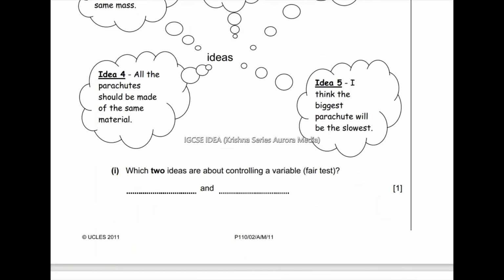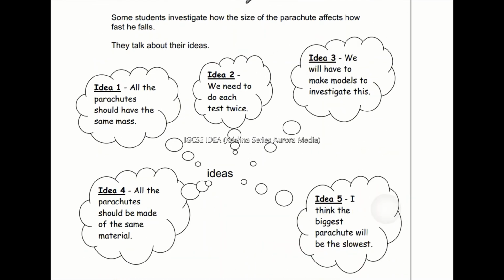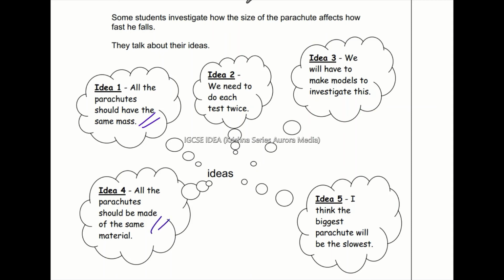Which two ideas are about controlling a variable, a fair test? Okay. Well, it's idea 1 and idea 4, as all the parachutes should have the same mass, yes. And all the parachutes should be made of the same material as well, yes.